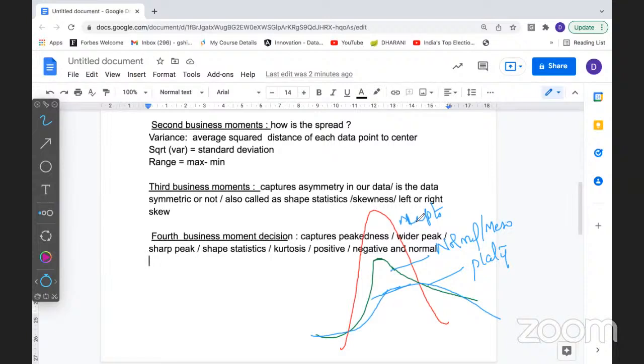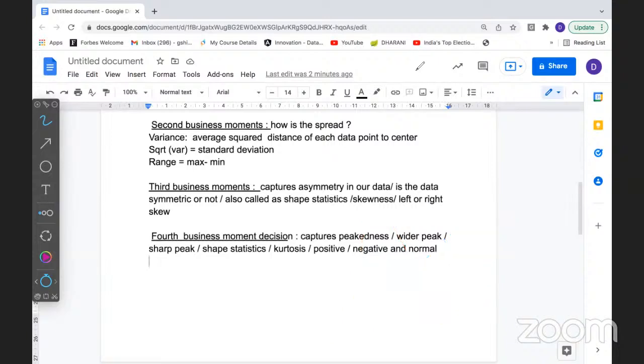Tails also play a major role here, right? So normal distribution is something which we are interested in, right? But the point here is kurtosis refers to the degree of the presence of outliers. It determines the degrees of presence of outliers in the distribution. So it's a statistical measure whether the data is heavily tailed or light tailed compared to a normal distribution.